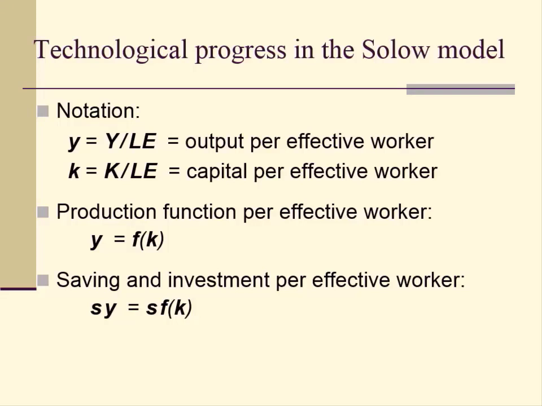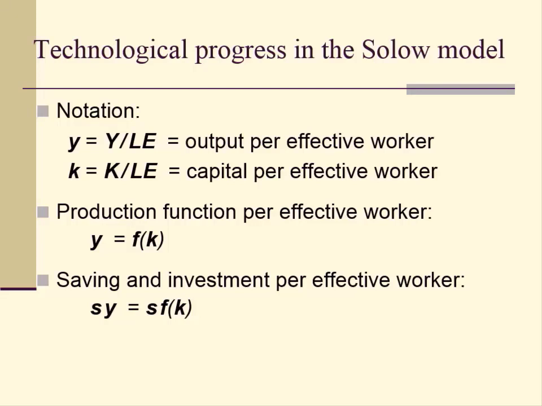Then, the production function is now expressed in terms of per effective worker. Therefore, lowercase y, output per effective worker, is a function of lowercase k, capital per effective worker.